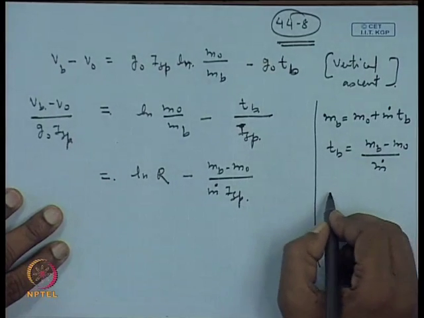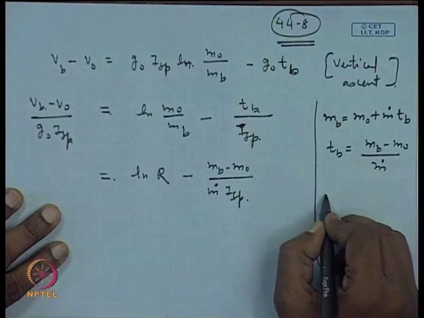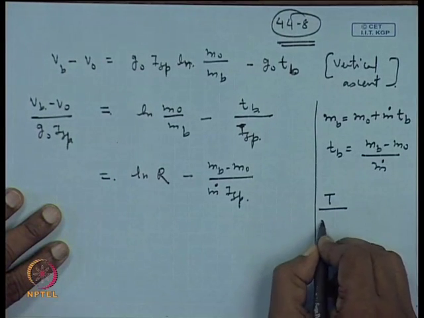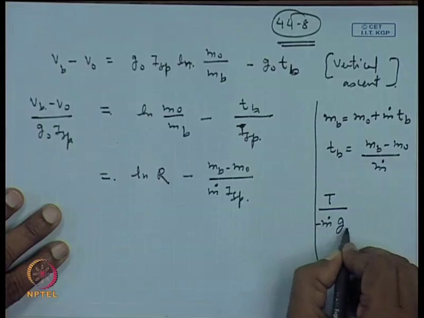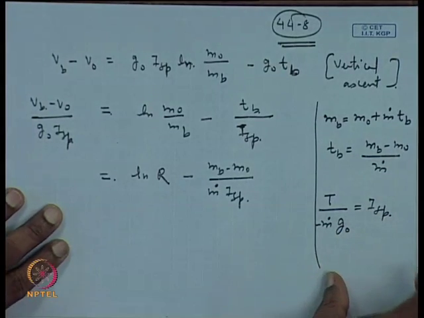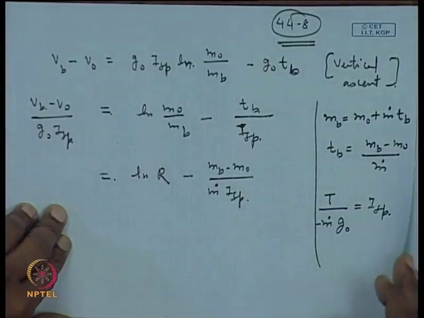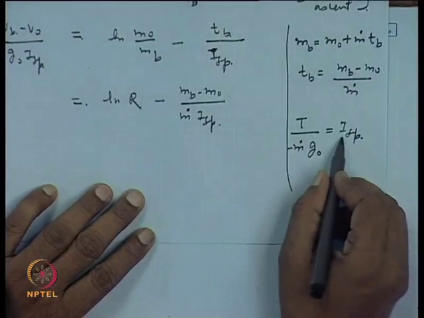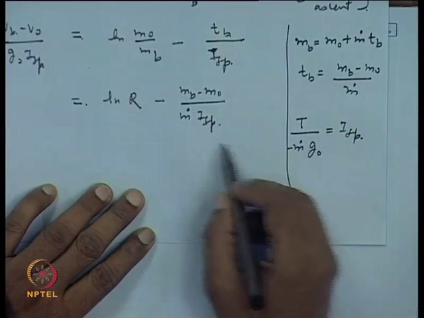Now, if you remember that thrust by m dot, with G0 with a negative sign, this has been written as Isp. So, this Isp we can eliminate from here.